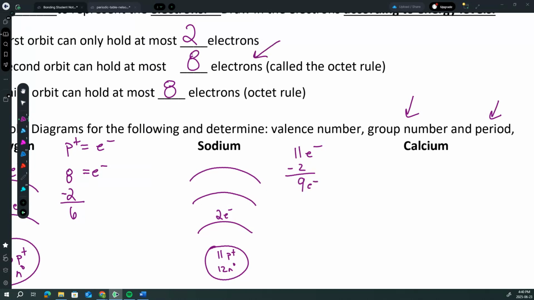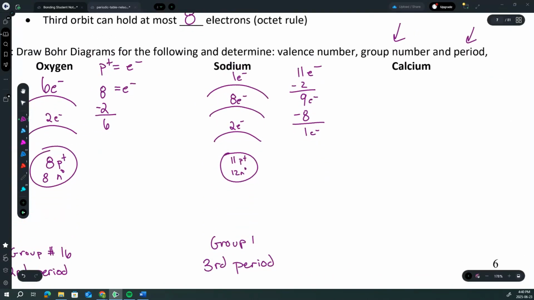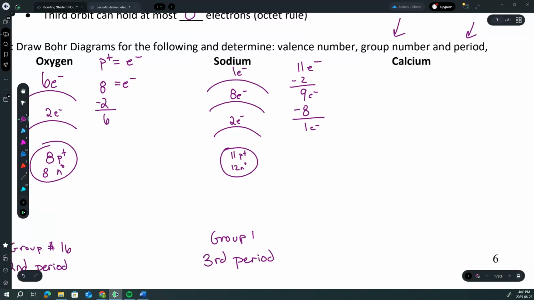Now, the second orbit can only hold a maximum of 8 electrons, no more than 8. So I'm going to say 8 electrons here. I used up 8, and I have 1 electron left, which is going to go in the outermost shell, and that 1 valence electron corresponds with the last digit of our group number. So that's how you know you're correct.